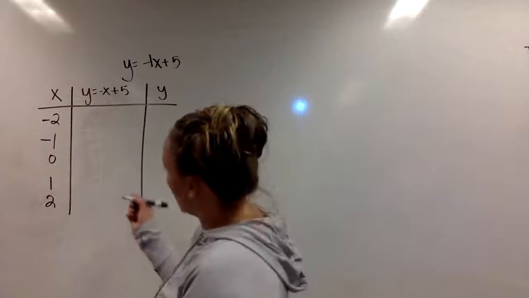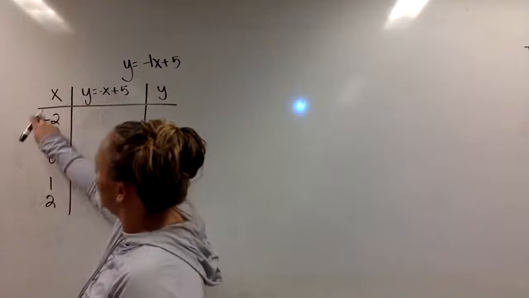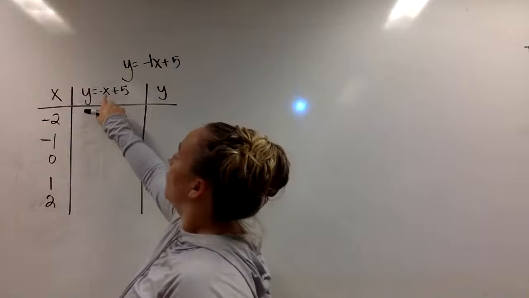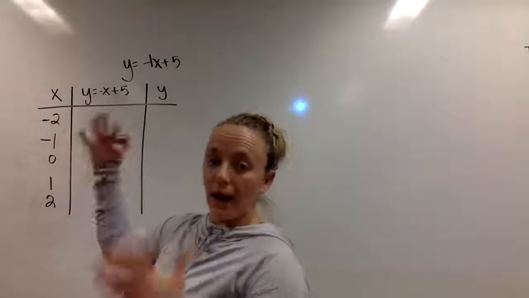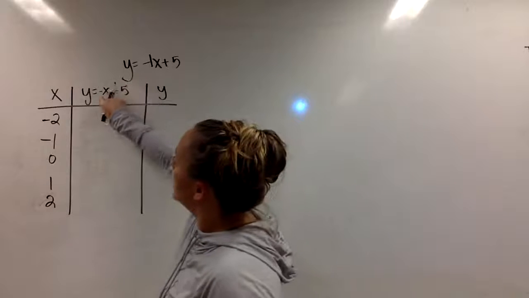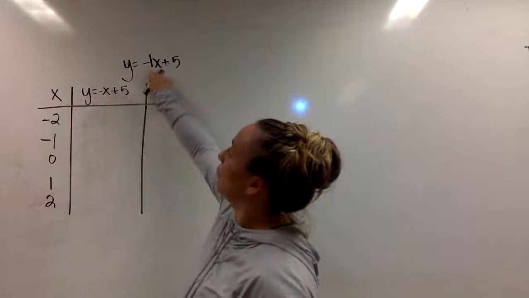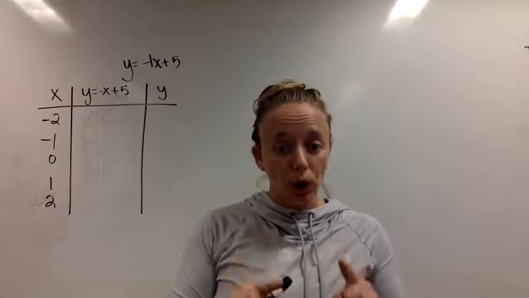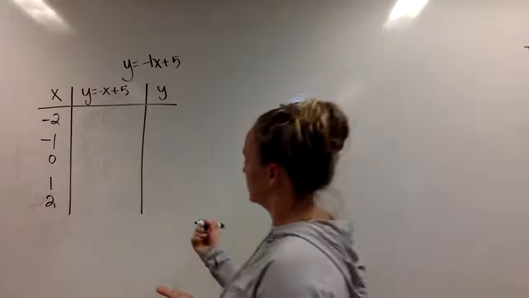So starting out, we are going to put this input of negative 2 into this equation for x and figure out what happens with it. Now notice I have, again, this negative x, which we know is negative 1x, and I have negative values for x. So look at how I'm dealing with this scenario.